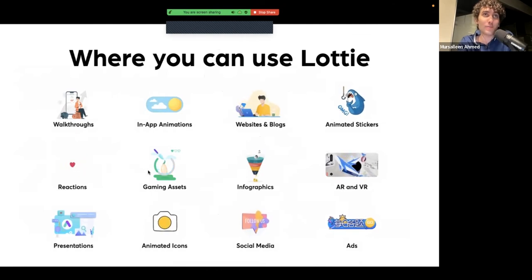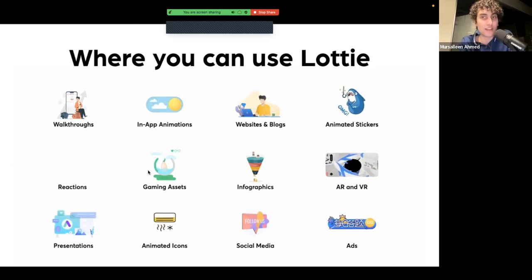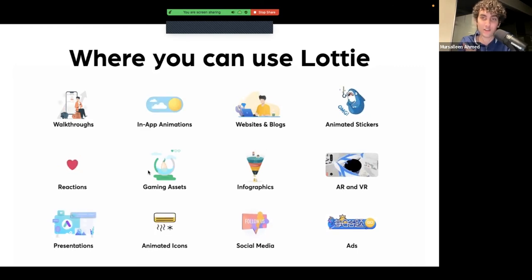In fact, the YouTube like animation, when you click like on the YouTube app, is a Lottie. On Twitter, when you tap like, that is a Lottie. So the use cases are limitless. It can be used in AR, VR, in animated icons, in presentations such as this one, in social media, in ads, all across the board.